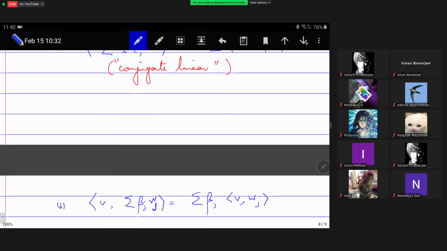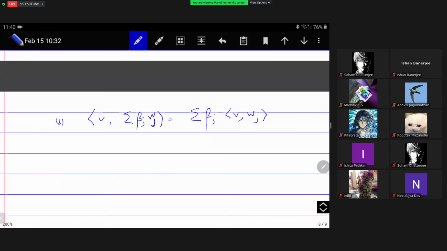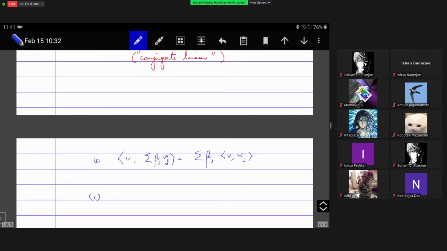It already shows some similarity, similarity as an English word, not a mathematical word, to symmetric forms. But here it is what is called Hermitian. So this is just linear in the second factor.